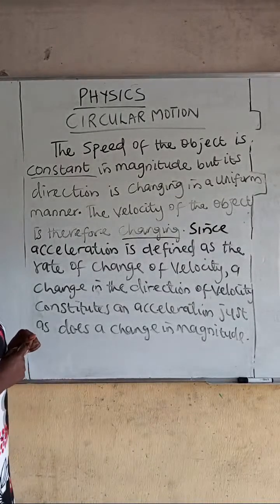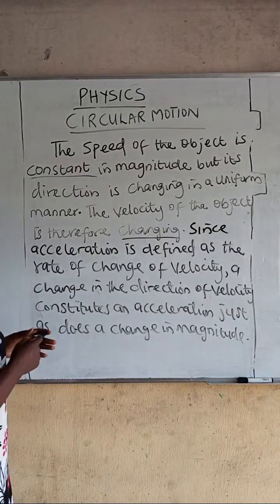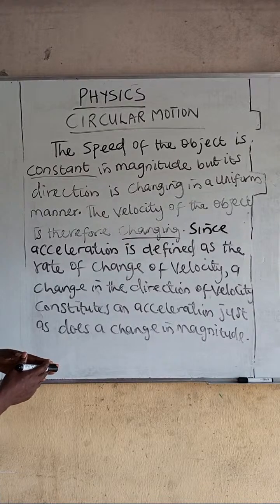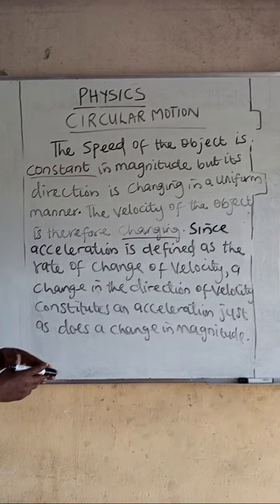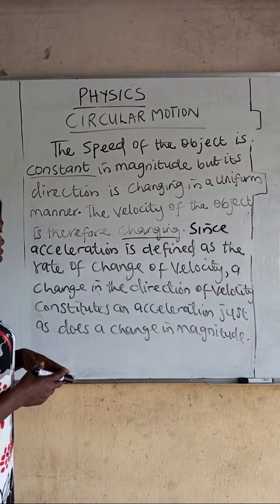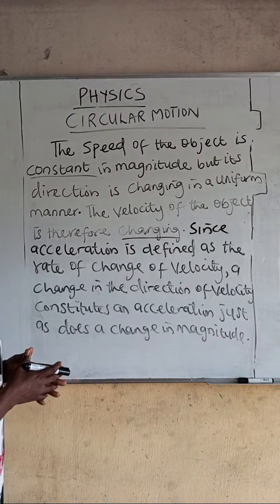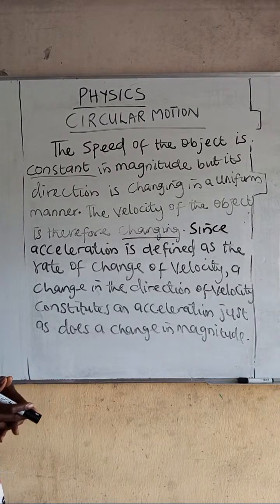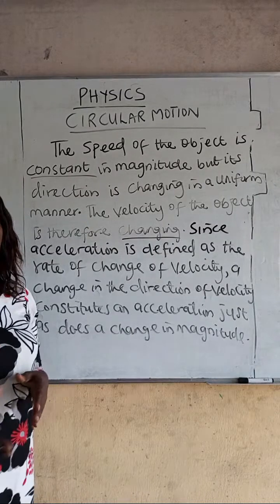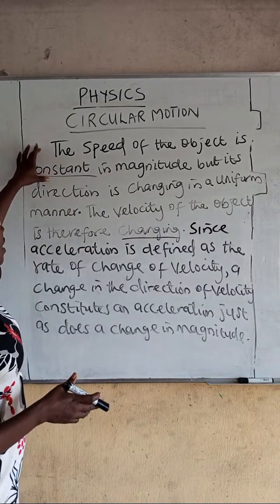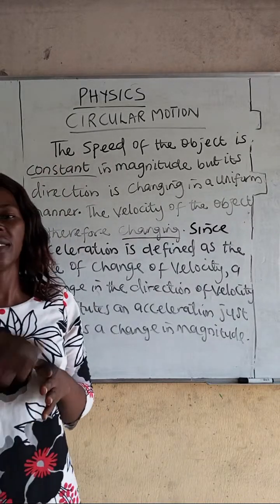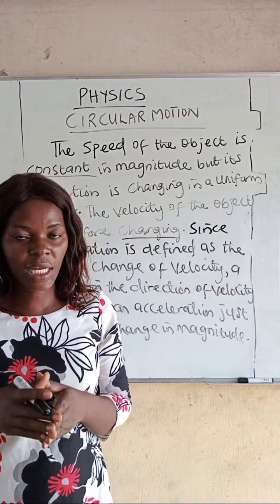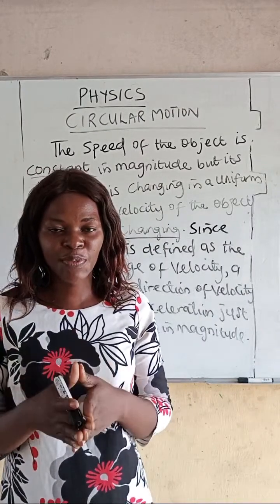Since acceleration is defined as the rate of change of velocity, then a change in the direction of velocity constitutes an acceleration, just as does a change in magnitude. Now let me explain this statement. It means that for a body to be in circular motion, its speed must be constant.